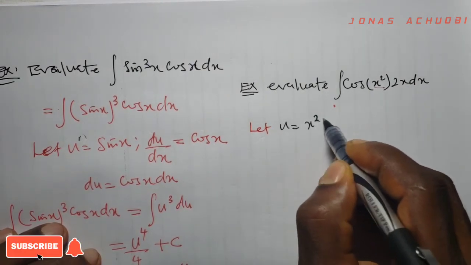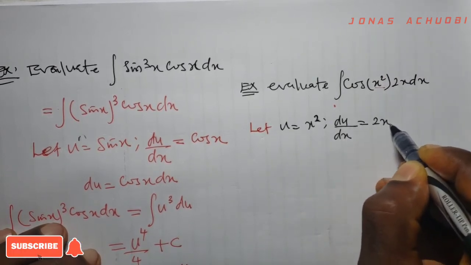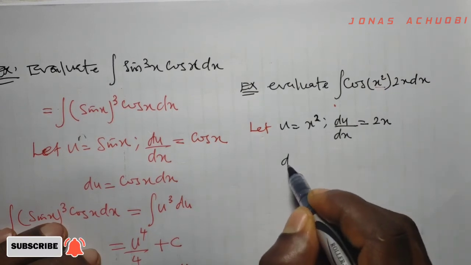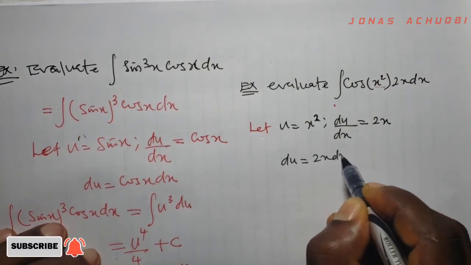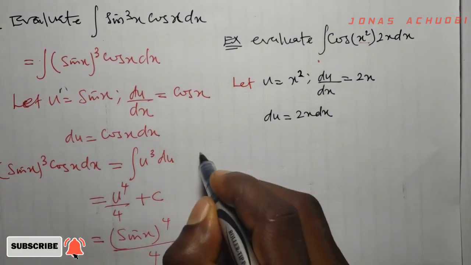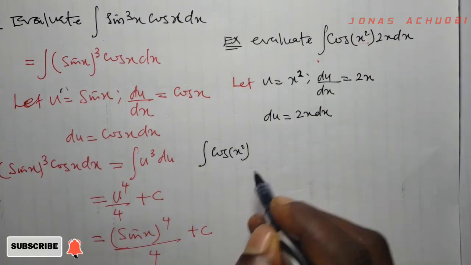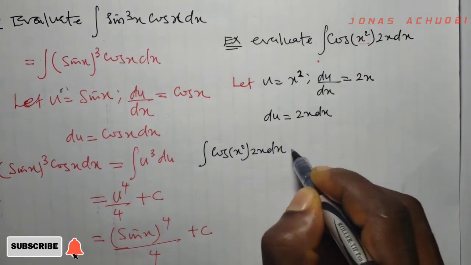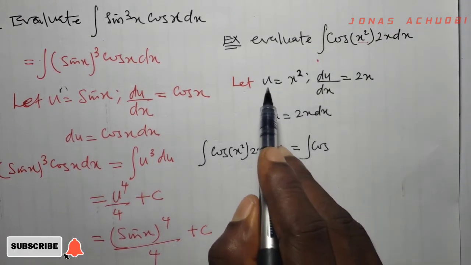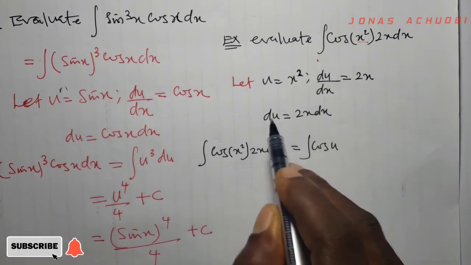So if u is x squared, du over dx gives us what? 2x. We now make du the subject of the equation, so that du becomes 2x dx. Now the integral we were given, the integral of cos x squared 2x dx, now becomes the integral of cos, x squared is now u, cos u, 2x dx is now du.